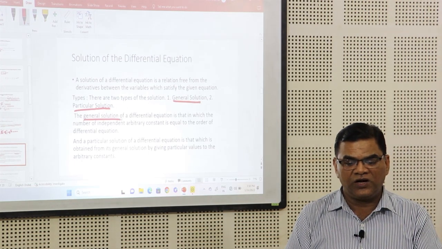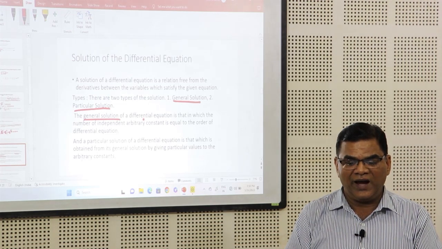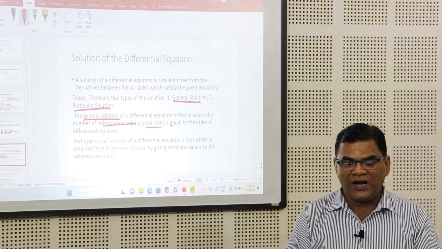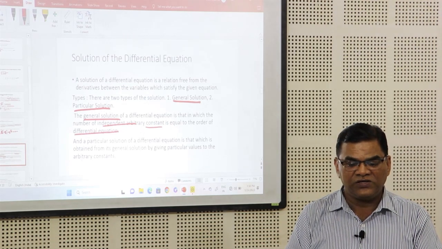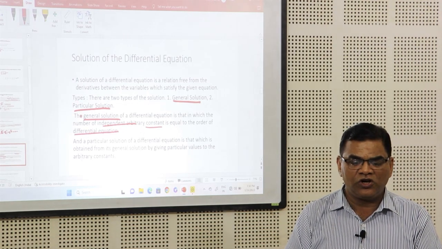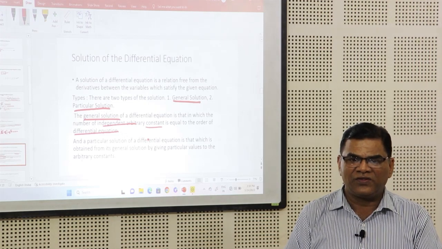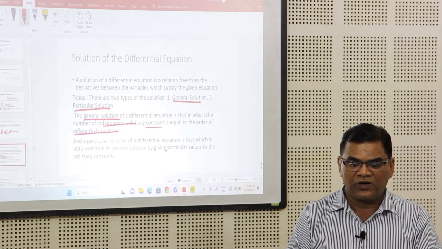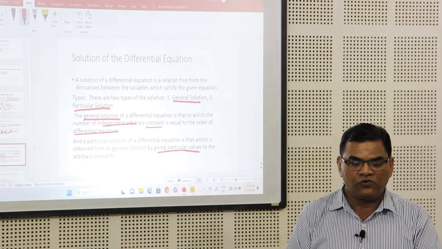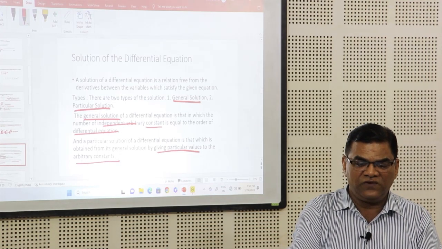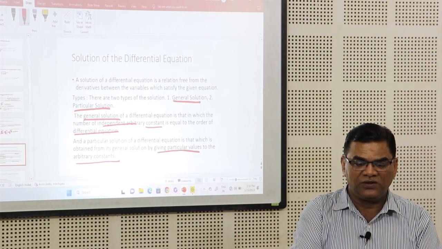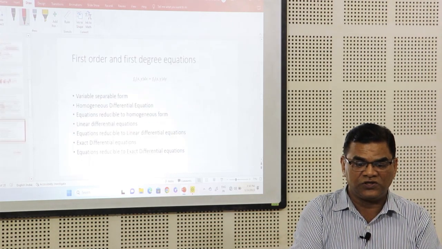The general solution of the differential equation is that in which the number of independent arbitrary constants is equal to the order of the differential equation, and particular solutions are obtained by assigning particular values to the arbitrary constants in a general solution. So, we can easily define the two types of solutions of differential equations.